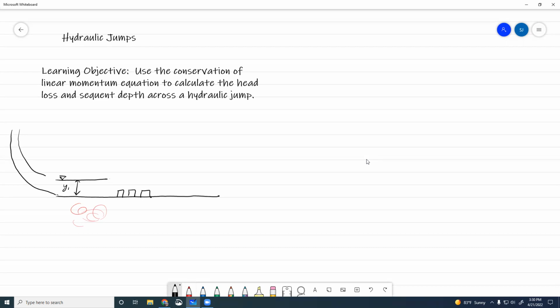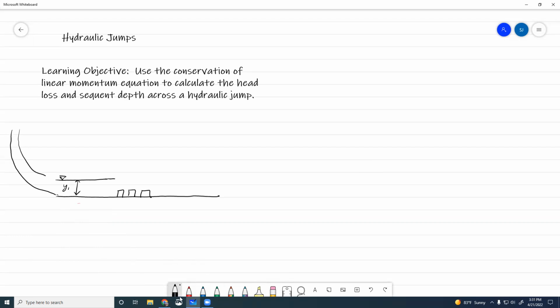It also could be that we're just in a natural river and the bed slope is going from steep to shallow like this. In which case we might have critical, supercritical flow coming here, and then it enters a pool and we get a hydraulic jump that happens here. So there's a lot of situations, but we'll just stick with this kind of engineered situation here.